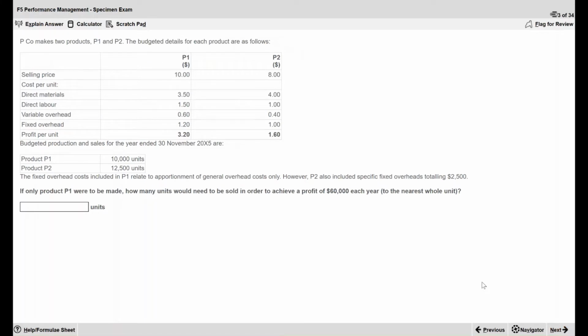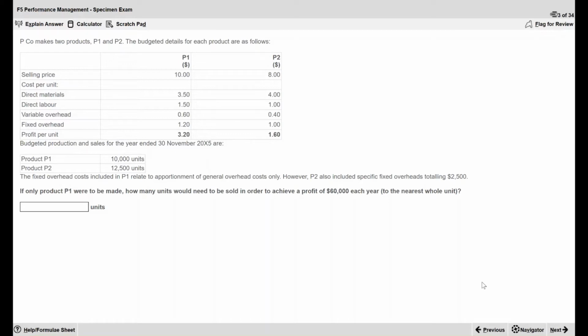If only product P1 were to be made, how many units would need to be sold in order to achieve a profit of 60,000 each year, to the nearest unit? So you can see they're asking for a target profit. So I would expect it to be a break-even question.